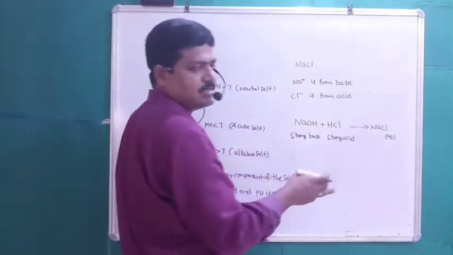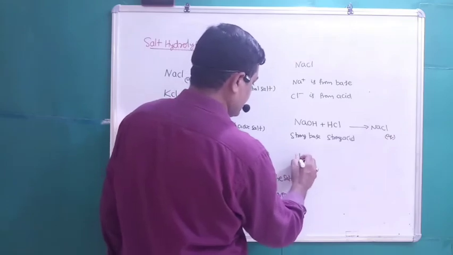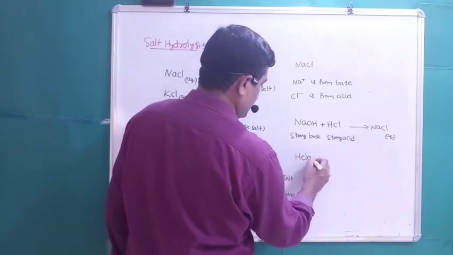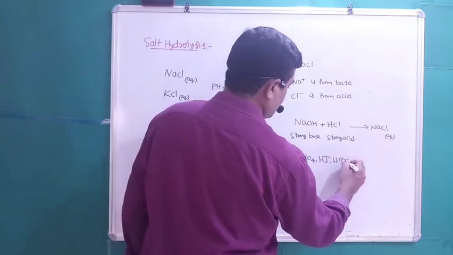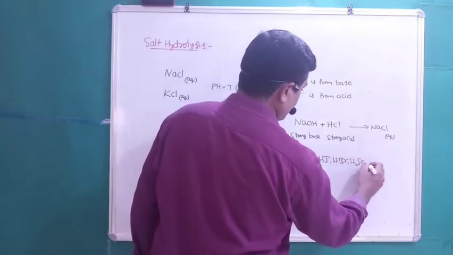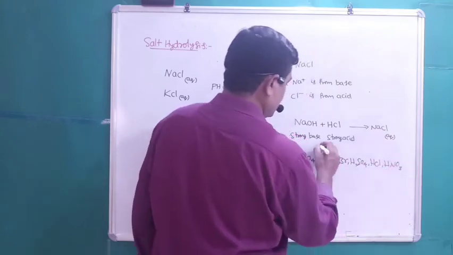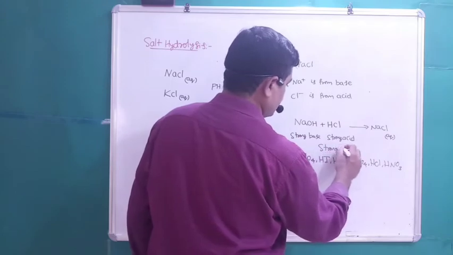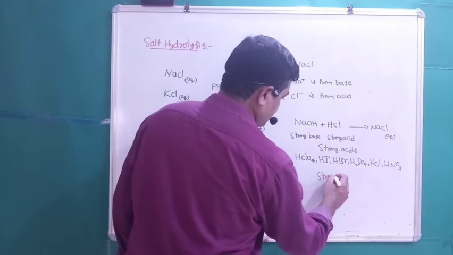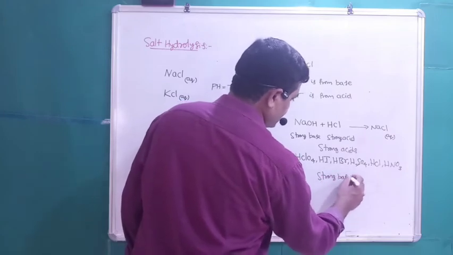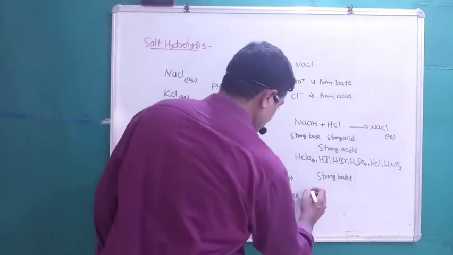So how to memorize whether the given acid is strong or not? There is a list of 6 acids: perchloric acid, hydroiodic, hydrobromic, sulfuric, hydrochloric, nitric. These acids are strong acids. Generally for the strong bases, we consider the bases formed by alkali metals.